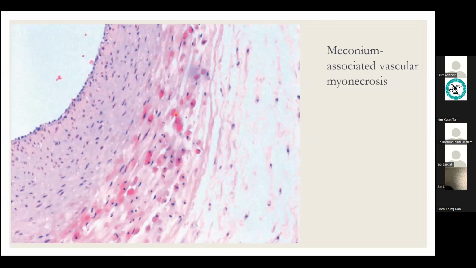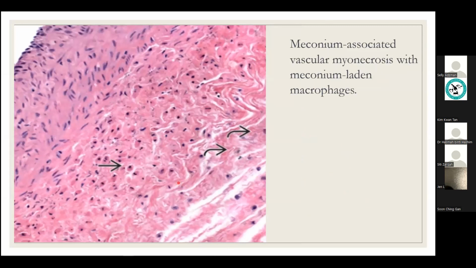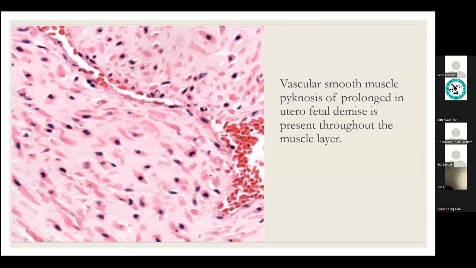So only the part that really contacts the meconium will have these changes. Okay. Again, this is another example of meconium-associated vascular myonecrosis, accompanied by meconium-laden macrophages.